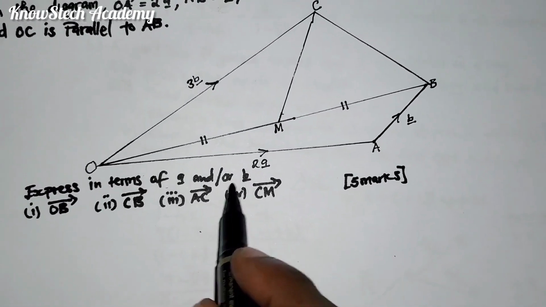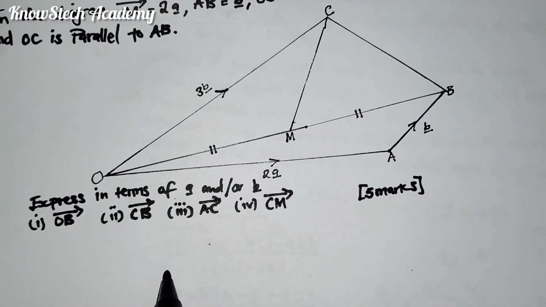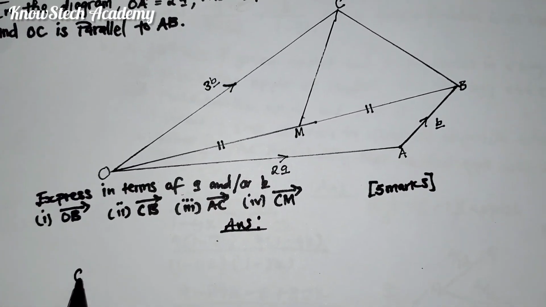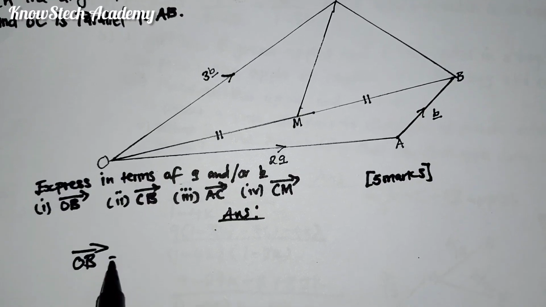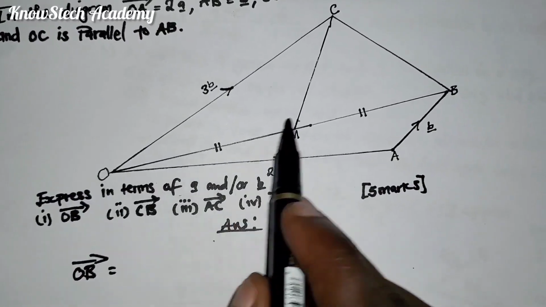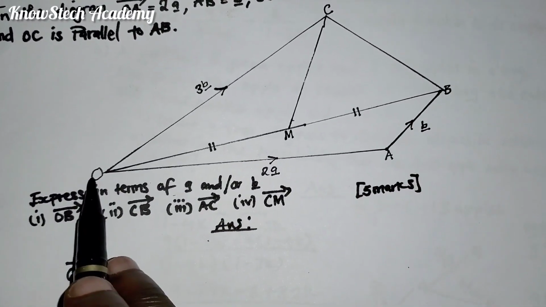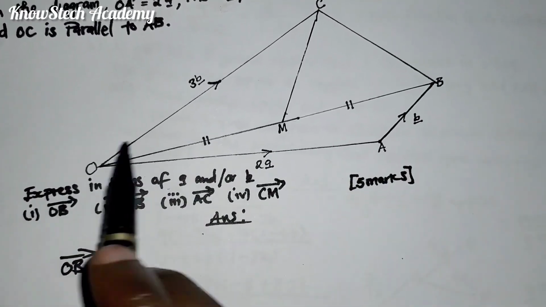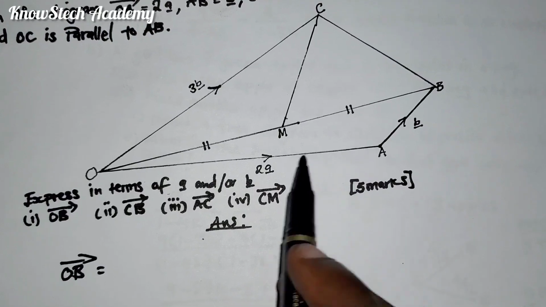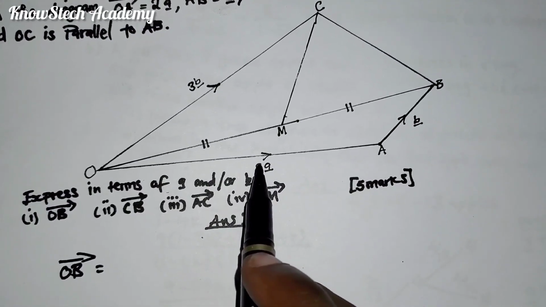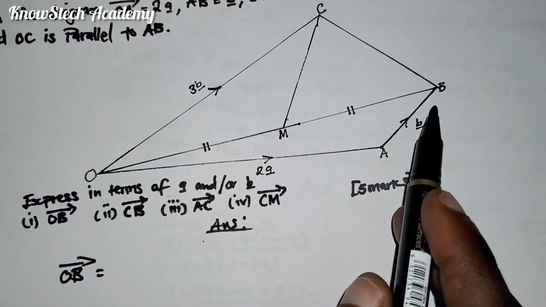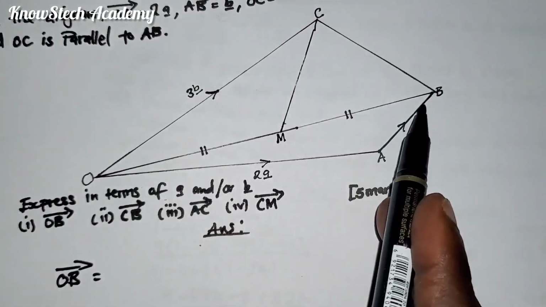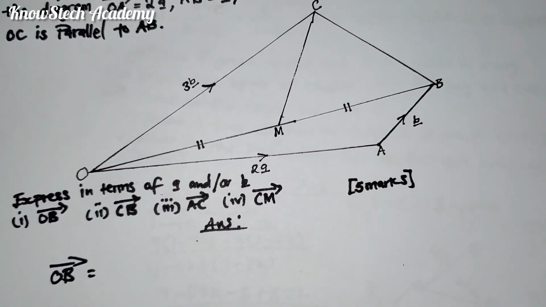The first one is vector OB. So the origin is O. We're going to move OA plus AB, because OA we have the vector 2A, and AB we are given. We can't move OC because the CB, we don't know the value of CB.